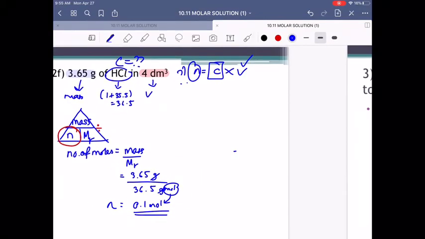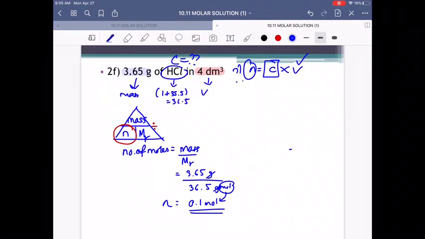So what you need to do is to put it here. Okay, you know already your concentration formula.